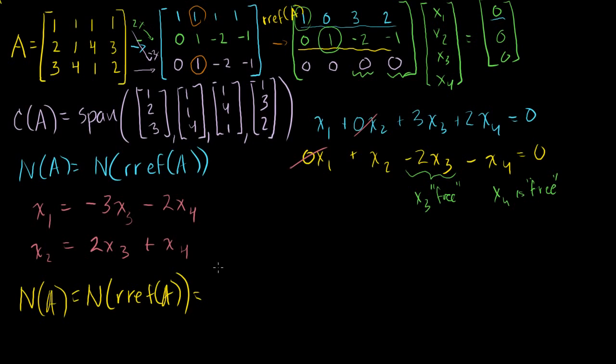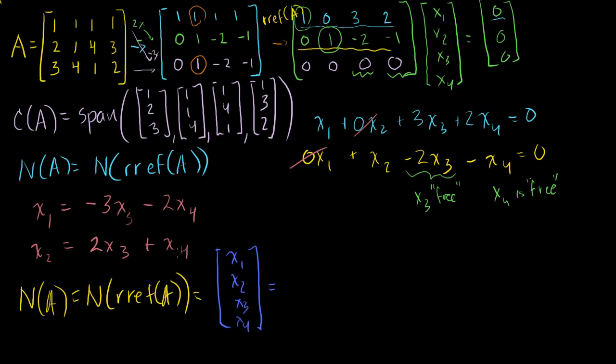Maybe I'll do blue. It's equal to all of the vectors x1, x2, x3, x4 that are equal to. So what are they going to be equal to? x1 has to be equal to minus 3 x3 minus 2 x4. So just to be clear, these are free variables because I can set these to be anything. And these are pivot variables because I can't just set them to anything. When I determine what my x3s and my x4s are, they determine what my x1s and my x2s have to be. So these are pivot variables.